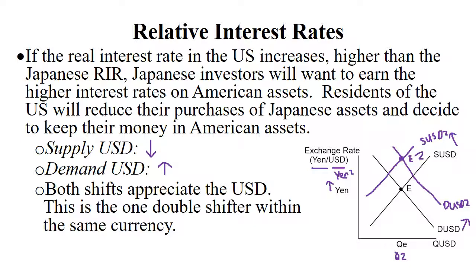Now, both of these shifts appreciate the US dollar. And by the way we can tell is that this side over here is always price, right? This axis is always about the price. The price of the US dollar is in yen, but the price went up. So if the price of the dollar goes up, it has appreciated.